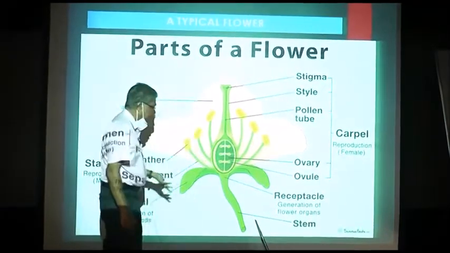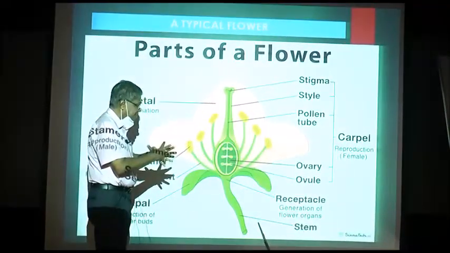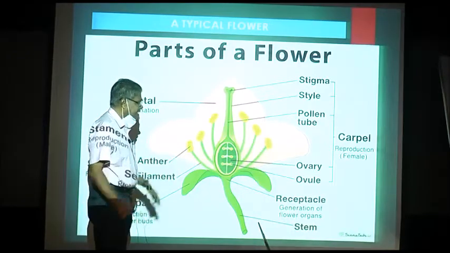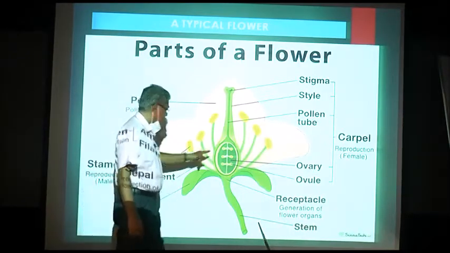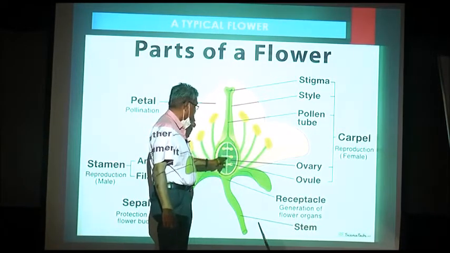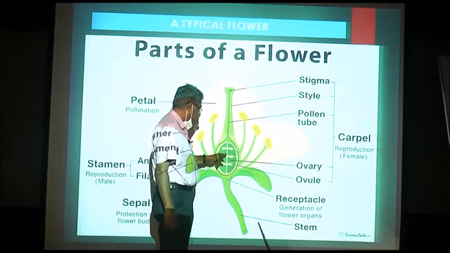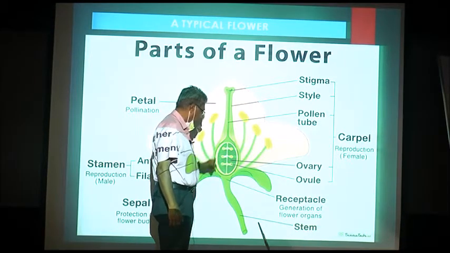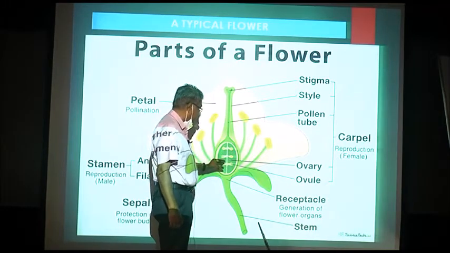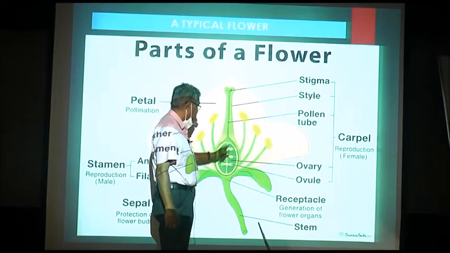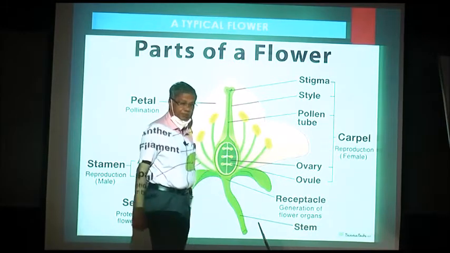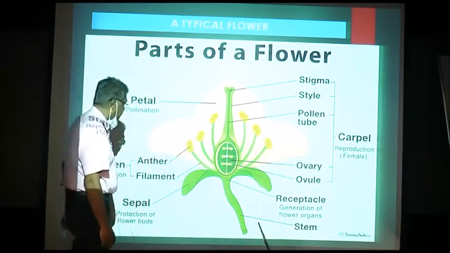If more than one, they may be united, that is called apocarpous, or free, that is polycarpous. The pistil or gynoecium has three portions. This is the ovary, where the ovules or seeds develop. This is the style, the long part, and this is the stigma. This is the structure of the flower.